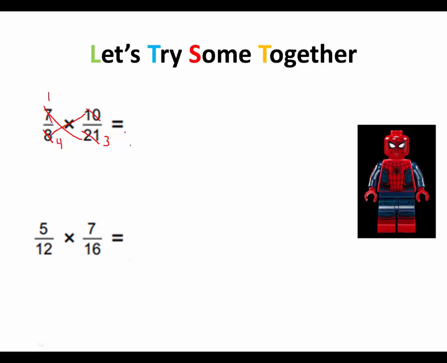And then 2 can go into 10, 2, 4, 6, 8, 10, 5 whole times. So now my new fractions are 1 over 4 times 5 over 3. And I just took that last step of simplifying and reducing out because I already did it. So now I can just multiply straight across and I don't have to worry about simplifying at the end.